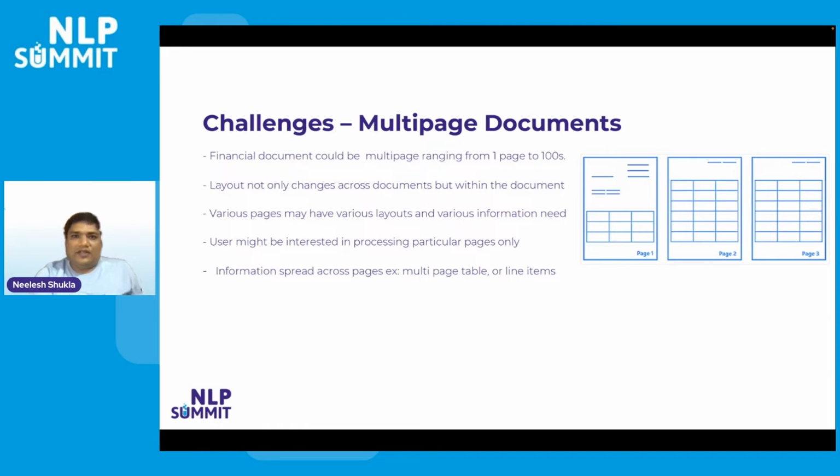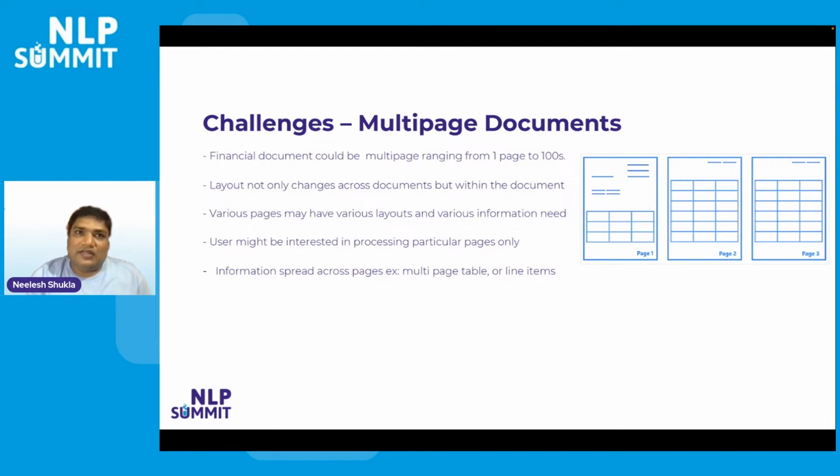And even with small documents of one to five pages, the layout is not consistent for every page. The layout changes on every page, so that's again a problem. How do you build a model for a particular document itself, when the layout changes at every page?